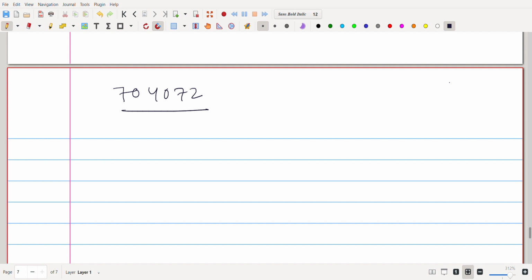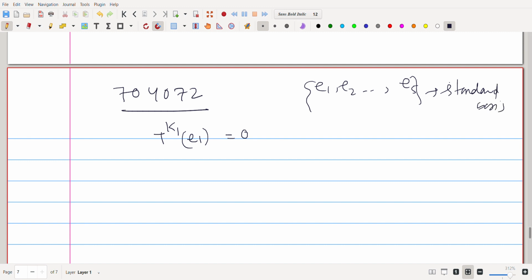Now it is given that for every vector v there exists an n such that T power n of v is 0. So say T power k1 of e1, where e1, e2 up to e5 is the standard basis, is 0, T power k2 of e2 is 0, and T power k5 of e5 is 0.